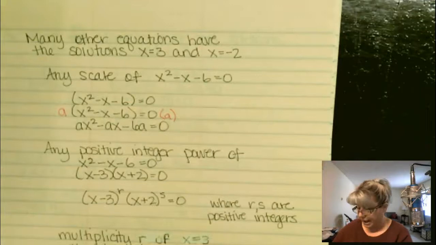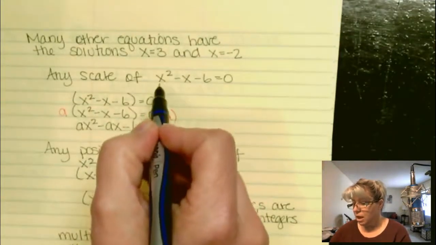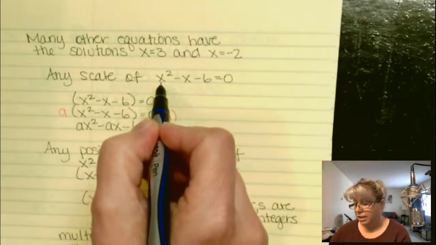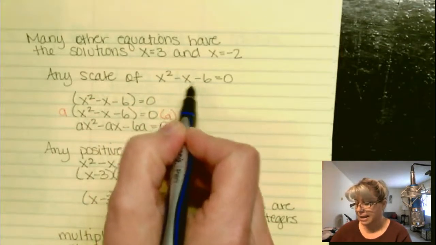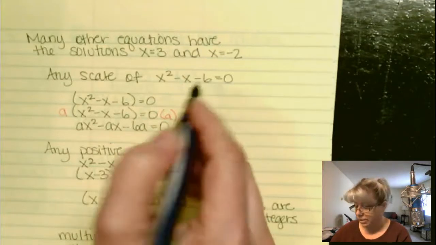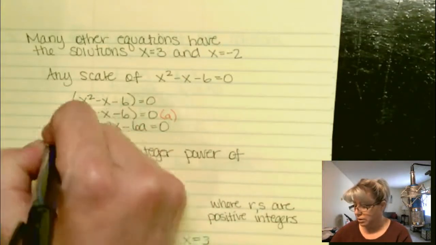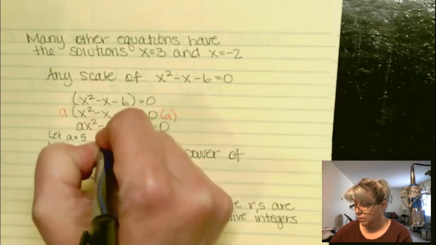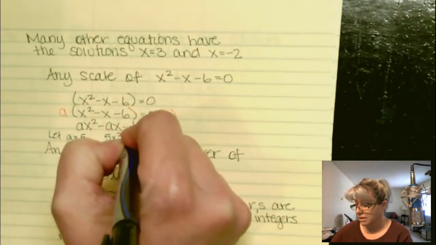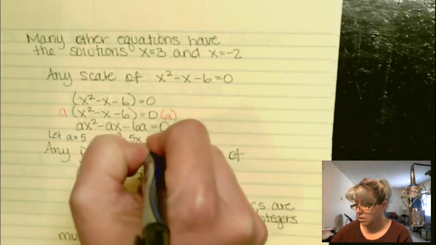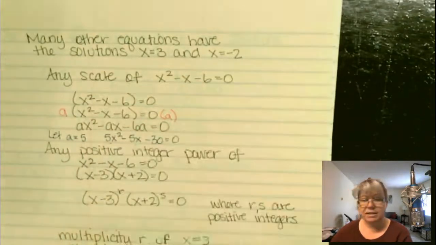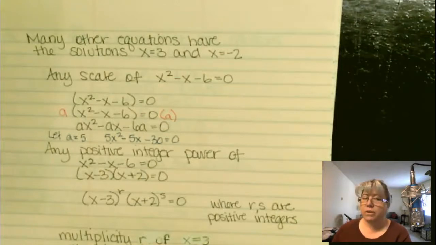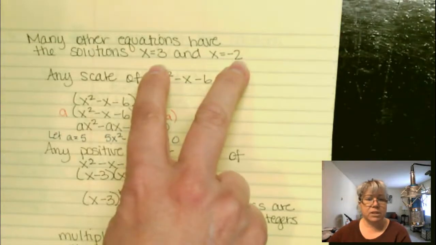Let's pretend that a equaled 5. Then our original equation, x squared minus x minus 6 equals 0, will turn into 5x squared minus 5x minus 30 equals 0. And that quadratic equation also has the solutions of 3 and -2.